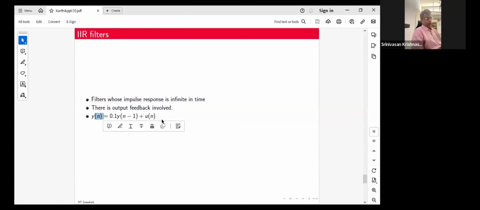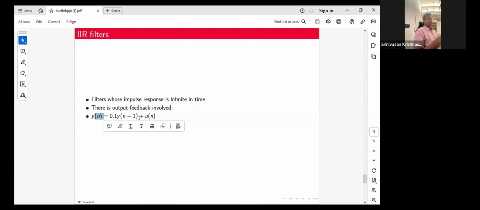So y of 1 would be 1. Now after that, your u of n goes to 0. So then you will just have 0.1 y of n minus 1. So from 1, you will go to 0.1, to that you'll go to 0.01, to that you'll go to 0.001. Your signal strength will keep reducing with time, but it will never go to 0. So your impulse response technically goes on for infinite time.